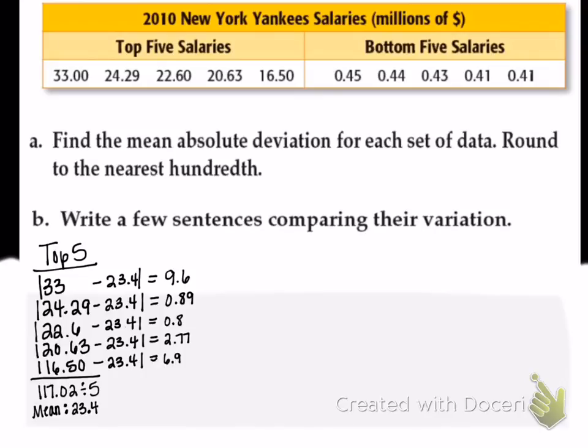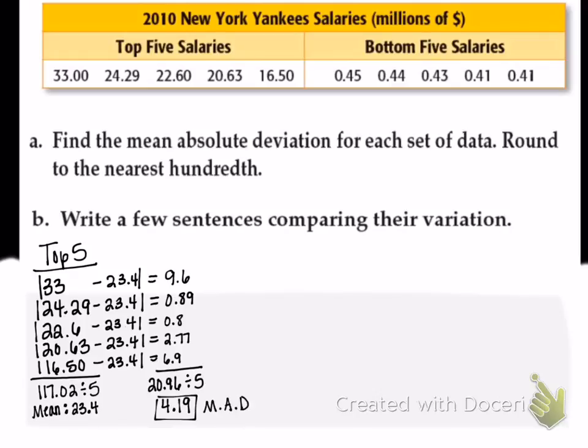Now to get the mean absolute deviation, we take the mean of these numbers by adding 9.6, 0.89, 0.8, 2.77, and 6.9, leaving us a sum of 20.96. We'll divide it by our count, which is 5, and we are left with 4.192. Rounded to the hundredths, that leaves us with 4.19 as our mean absolute deviation.